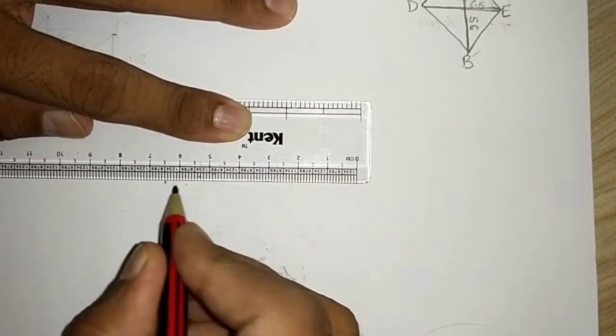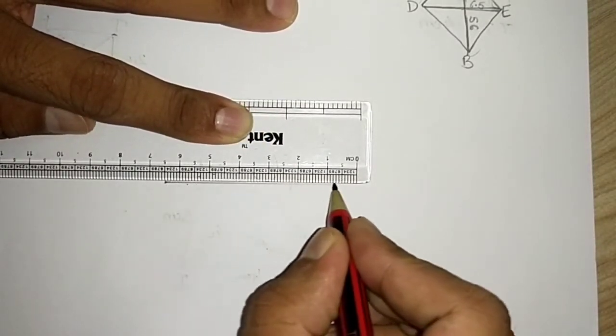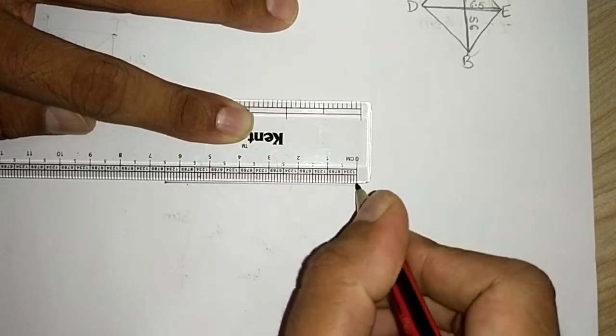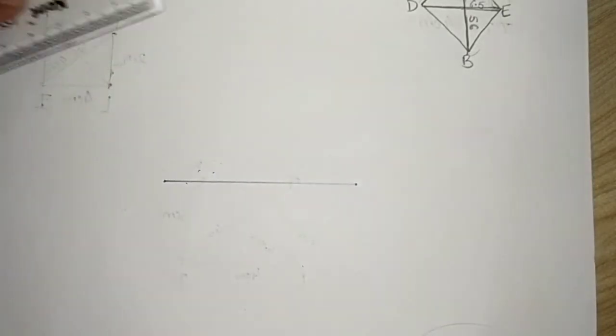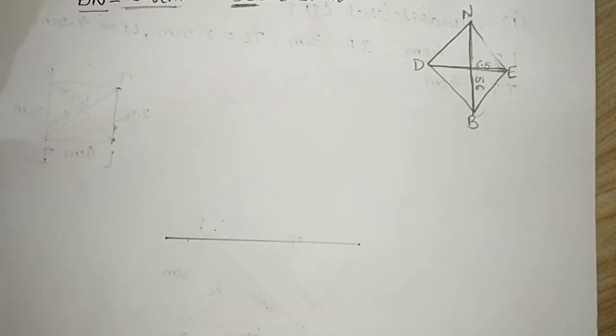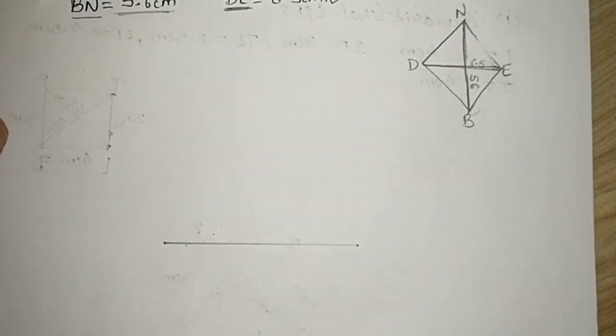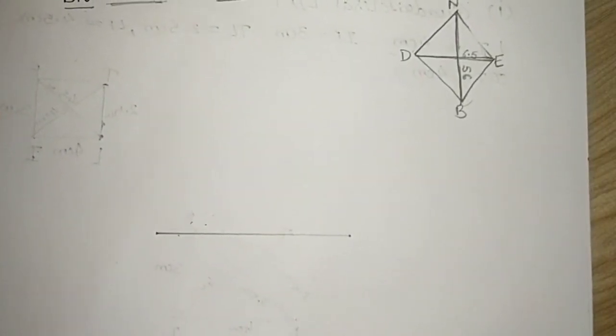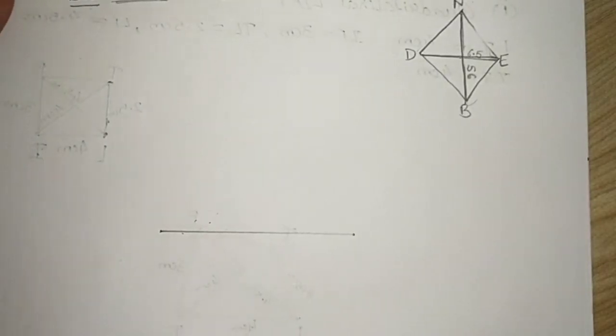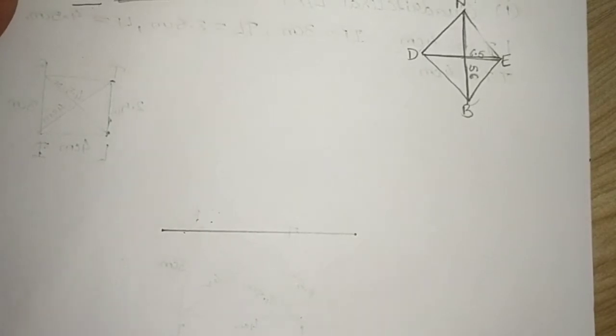Now, I have told you to draw DE, and I am also telling the steps of construction. Draw DE equal to 6.5 centimeter.